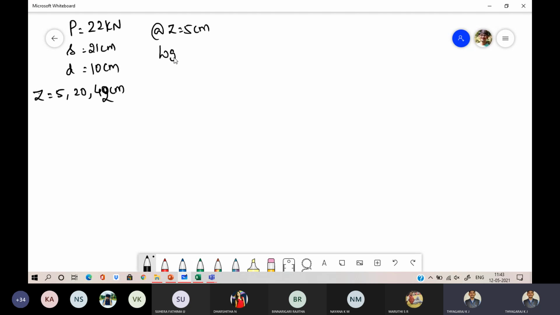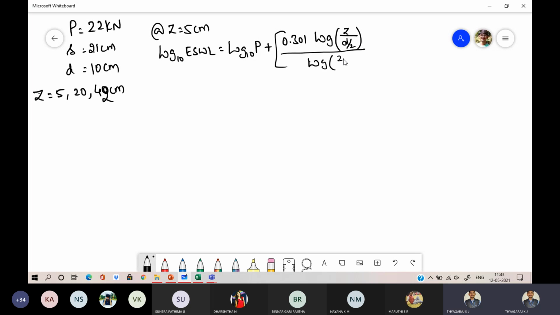Now at Z equal to 5 centimeter. First we will use the formula for ESWL. So log 10 ESWL equals log 10 of P plus 0.301 log of Z divided by D by 2, whole divided by log of 2S divided by D by 2.